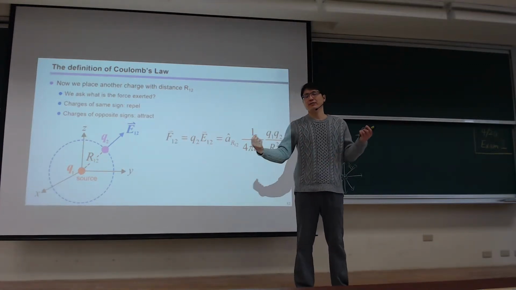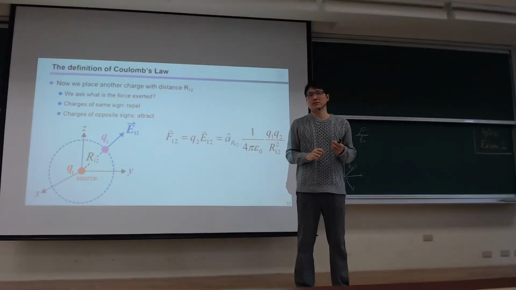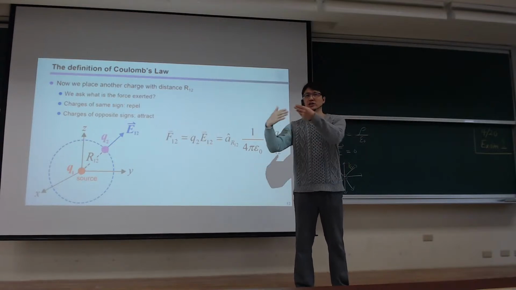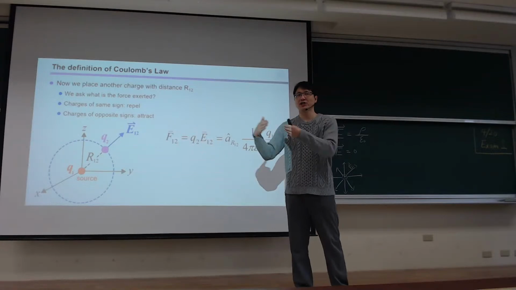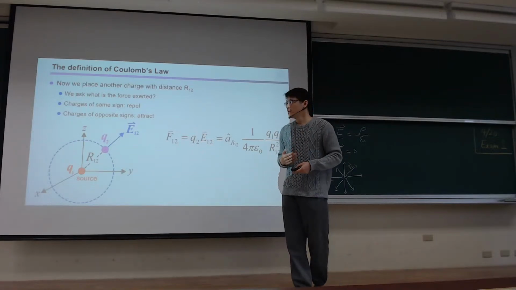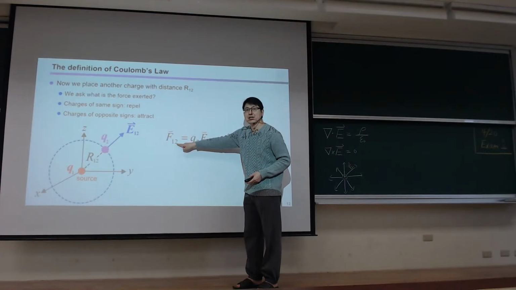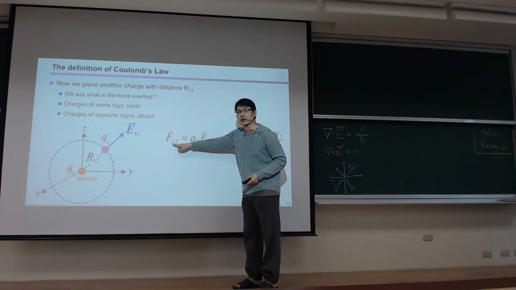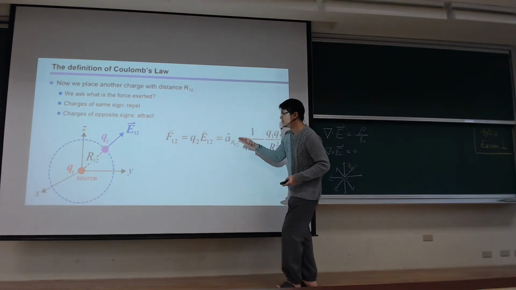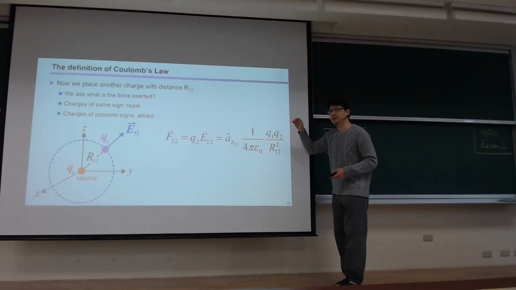In the same way, if you have two charged particles, then they each exert some kind of force on each other. So the force felt by charge number 2 due to the presence of field created by charge number 1 is F12, will be this quantity.